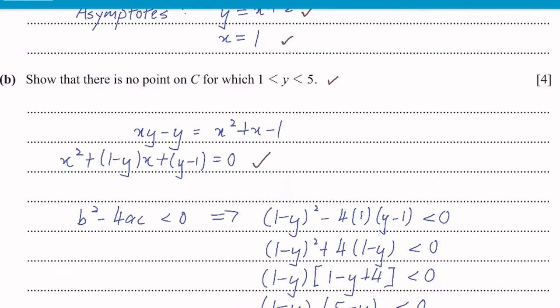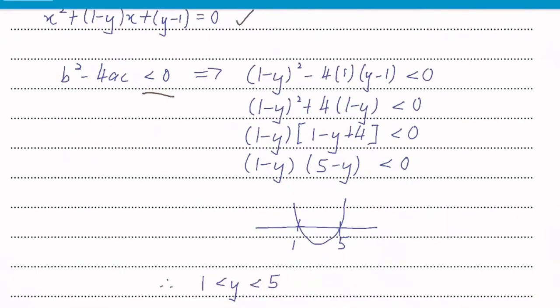Because the question says no point, we use b squared minus 4ac is less than 0 to do that. From here, we can prove the result already. So our y here is in between negative 1 and 5. This is a wrong diagram. Supposedly it should be like this. Sorry, it's correct. I thought it was wrong. So this is the diagram here.